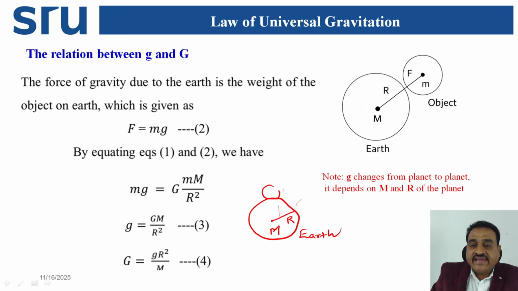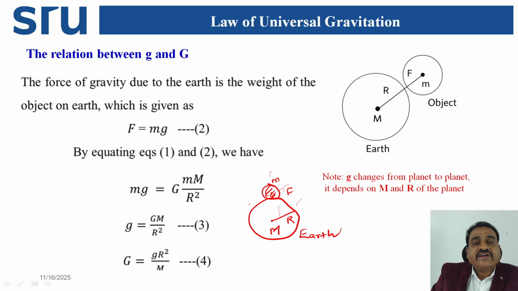So on the Earth, let us take an object. Between these two there is an attractional force F. Small m is the mass of the object, capital M is the mass of the Earth, and capital R is the radius of the Earth.